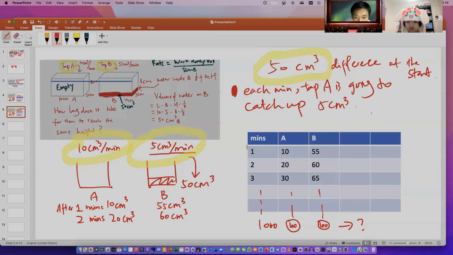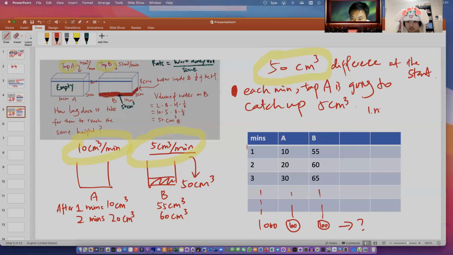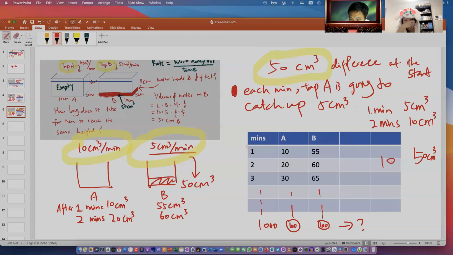This is the key idea. 1 minute, I catch up 5 cm cube. 2 minutes, I catch up 10 cm cube. So how many minutes can I catch up 50 cm cube? The answer is 10. Understood? That's how you can get 10.